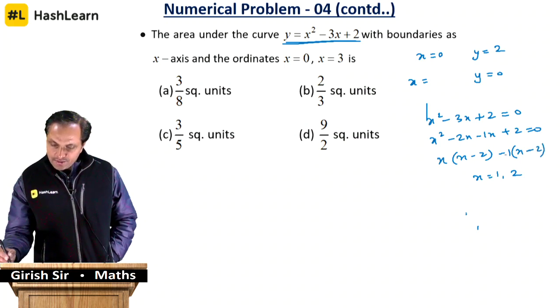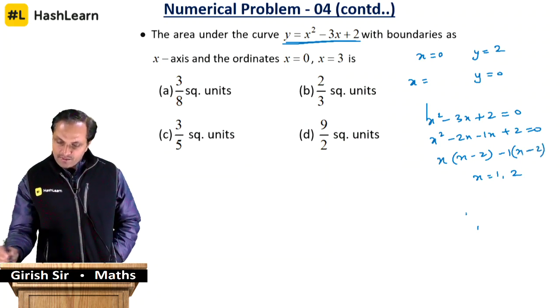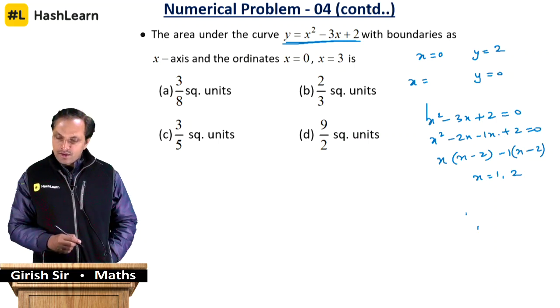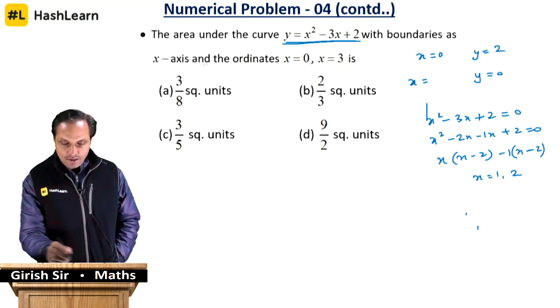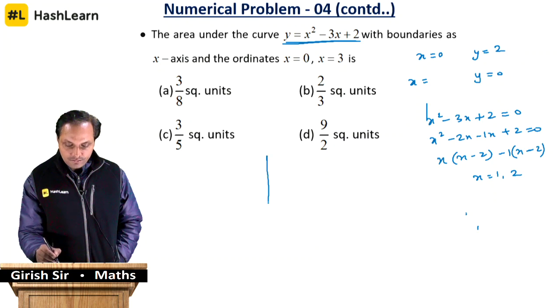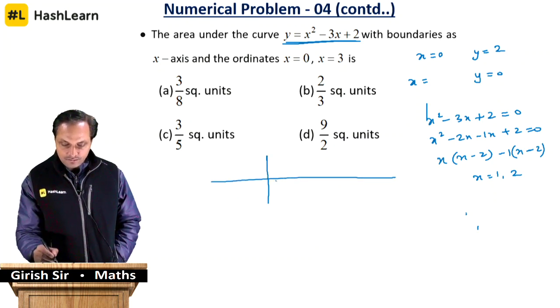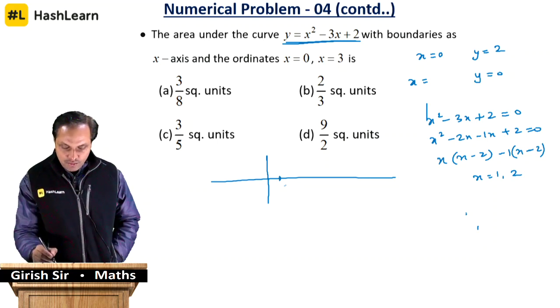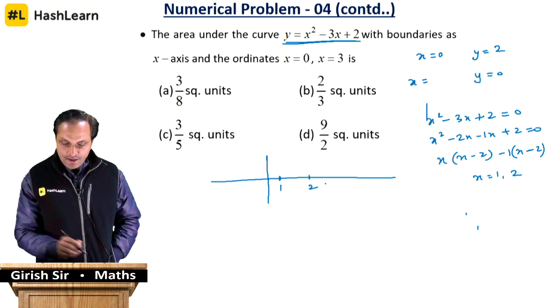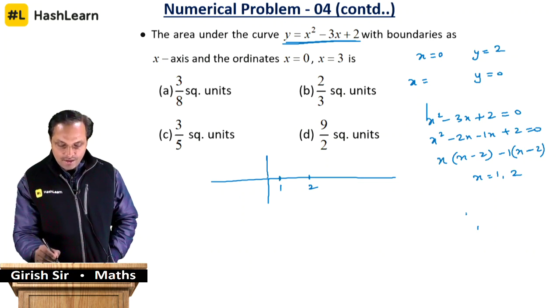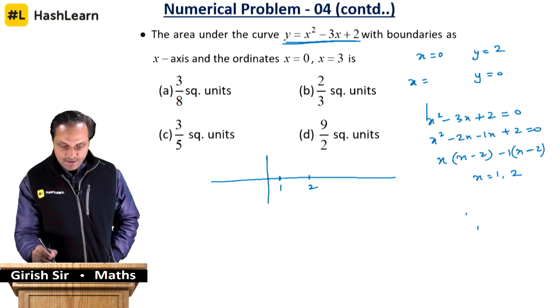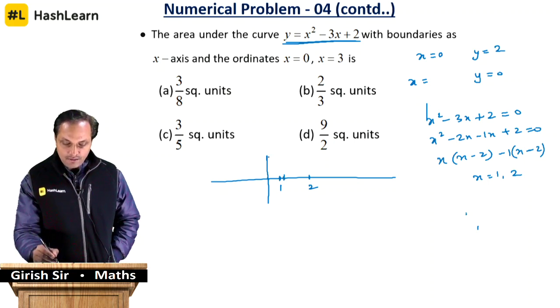This is x minus 2, that is minus 1 plus 2, x is equal to 1. Okay, so what does that will give you? यहाँ पे एक 1 है, this is what your 1 is and this is what your 2 is. When x is 1, y coordinate is 0. When x is 2, y coordinate is 0. This is the point. When x is 0, y is 2.